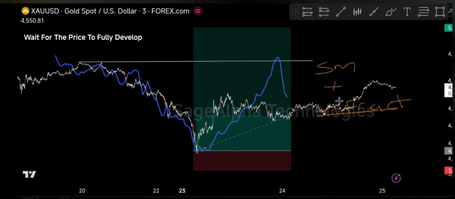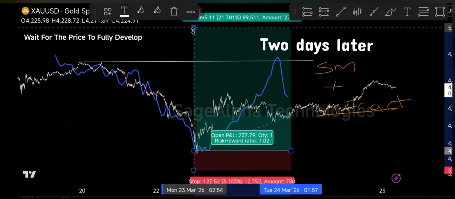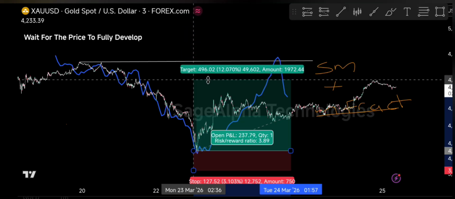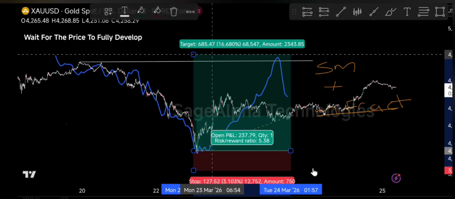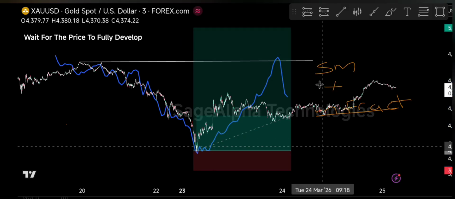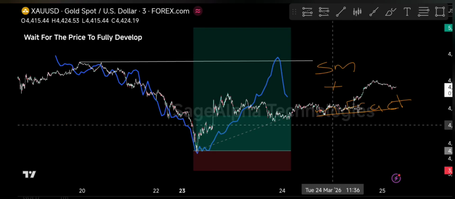So after adjusting our entries, we can see that the price has moved in our direction, and that is roughly about 1 to 3.7, 3.8-ish risk to reward. So the fractals are correct. And we talked about using the self-similarity map with the mirrored fractal that we have here.